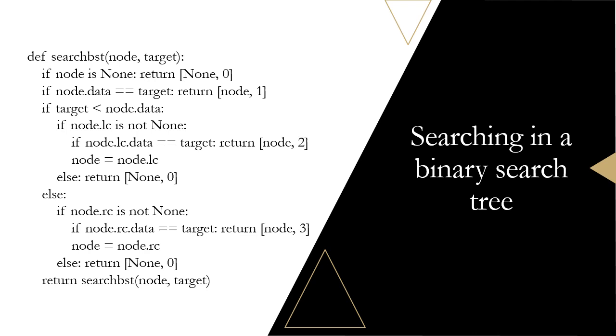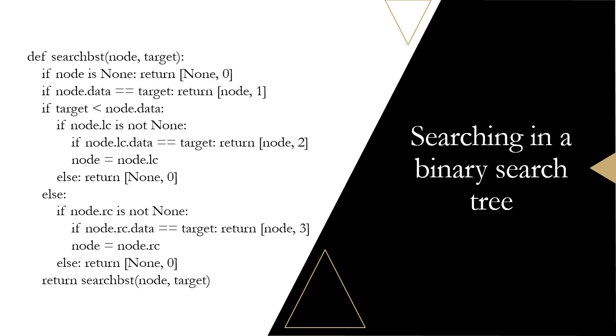Now let us suppose that target is less than node.data. Then we check if a left child is present. And then we check if data in the left child matches the target. If data in the left child matches the target, we return node, 2. 2 signifies that the target is present in the left child of the node that we are returning.